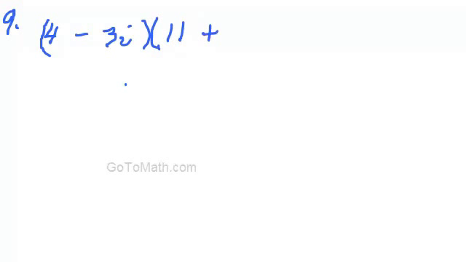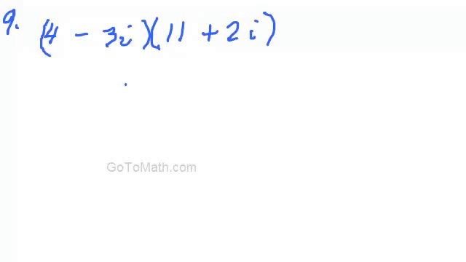Okay, so we're looking at number 9 now. Still multiplying two complex numbers. So we're going to have 4, let me put number 9 over here. Right. So we're going to have 4 minus 3i times, so you should be working this one out, 11 plus 2i, right?